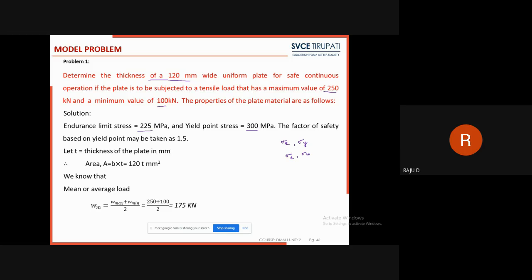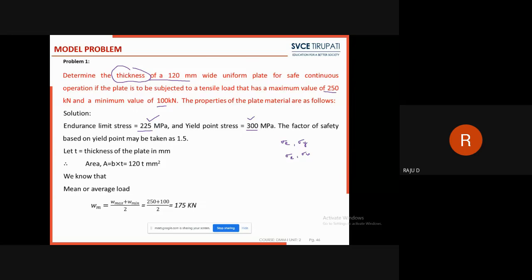If they give three values, endurance limit, yield point and ultimate stress, you have to calculate both theorems and take the maximum value. But in this problem, they give only two stress values, sigma e and sigma y. That's why here we calculate the thickness of the plate based on the Soderberg method.